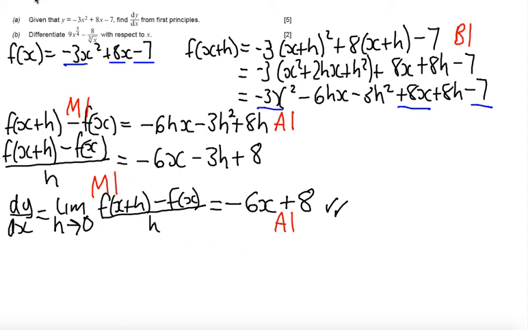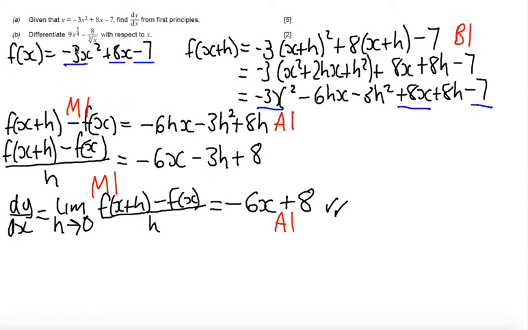Okay, well, let's look at part B. I've got another fresh slide. Part B: differentiate 9x to the power of 5 over 4 minus 8 over root 3x. Just going to make it clear when I'm doing this. First of all, y equals 9x to the 5 over 4.